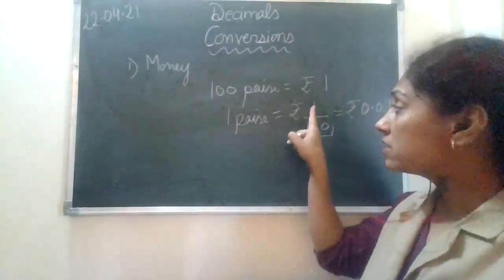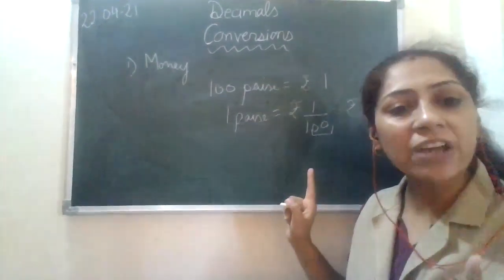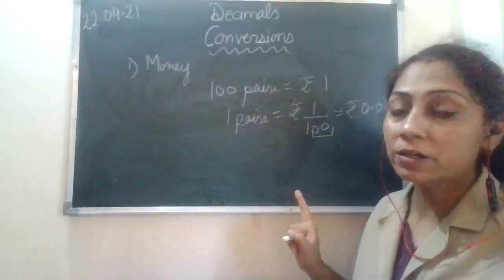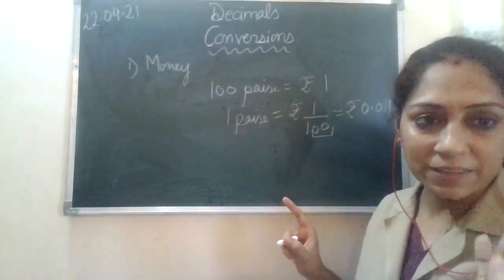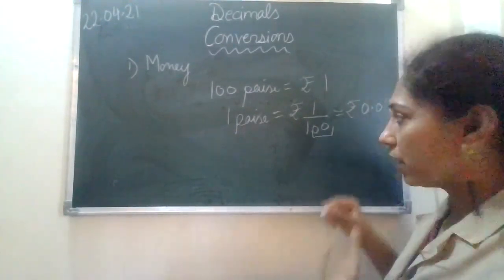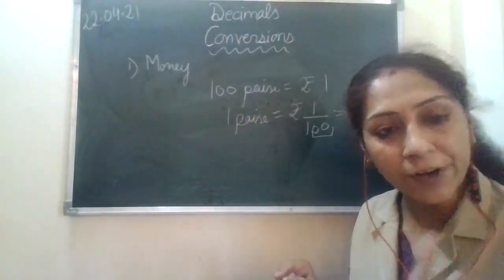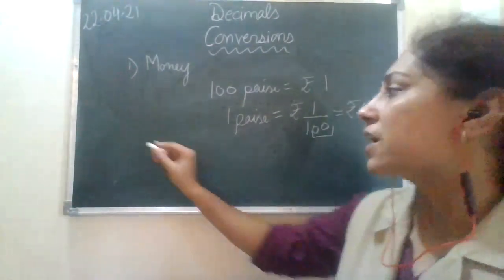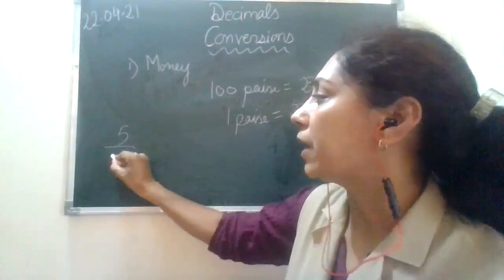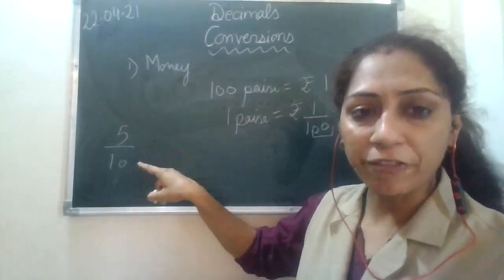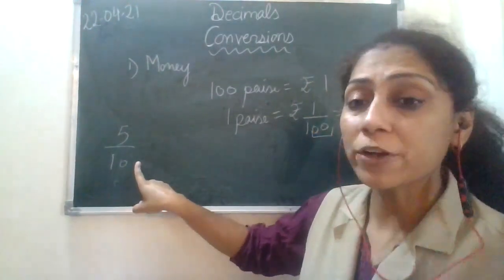You know that this is a proper fraction. A proper fraction is always less than 1. All of you, please keep it in mind. Your answer will always come less than 1. Proper fraction means the numerator is less than the denominator, or the denominator is bigger. For example, if I say 5 upon 10, this is again an example of a proper fraction because the numerator is lesser than the denominator.